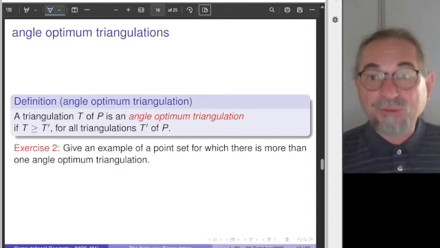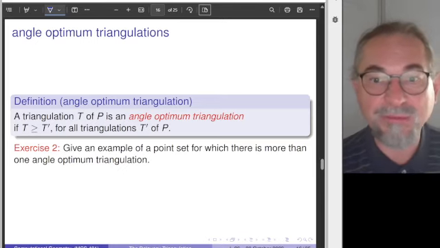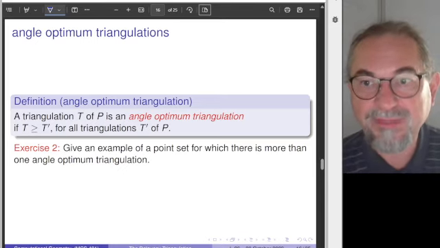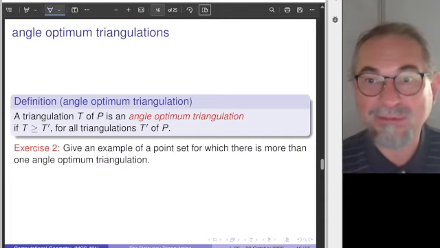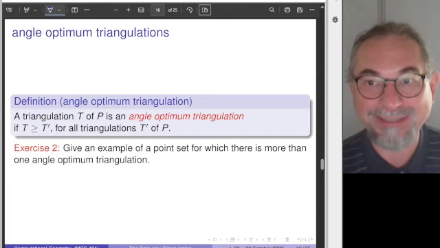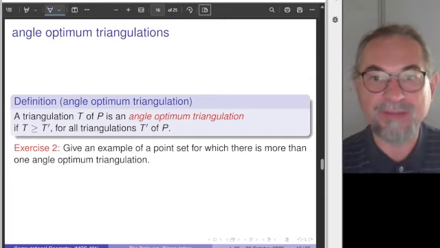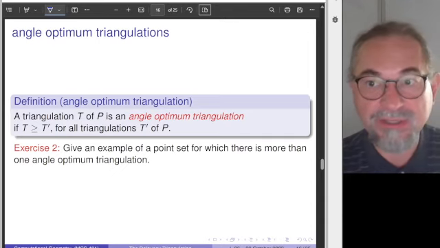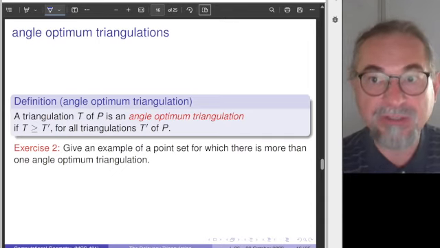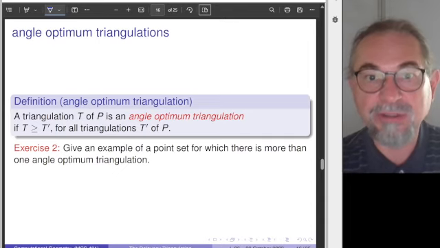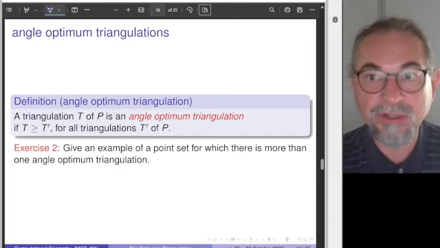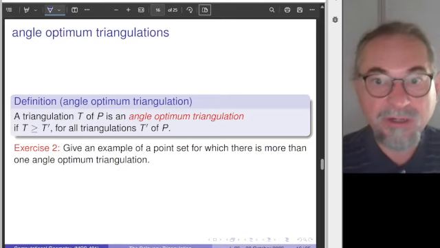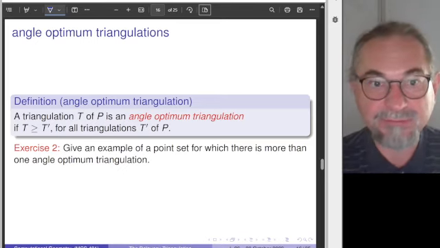Exercise 2 invites you to find an example of a point set. It shouldn't be a triangle, it's not that simple, but it's just as simple as thinking about 4 points and thinking about symmetry where one is the same. What you need to do to solve this exercise is to draw it and really spell out the angle vectors, and say that for the two triangulations you will have the same angle vectors.